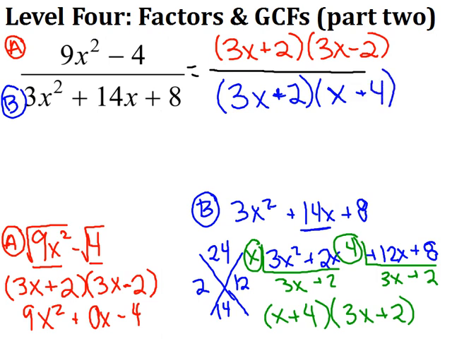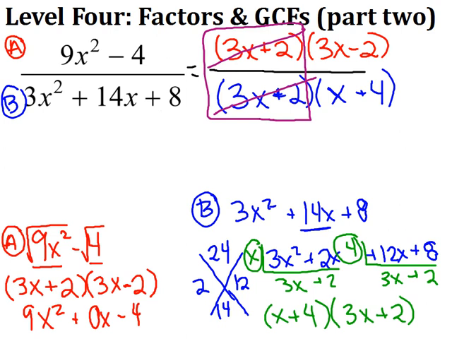And we should automatically start seeing this 3x plus 2 in our numerator and in our denominator are the same factors. So these can cancel out. If I look at what I'm left with, 3x minus 2 and x plus 4, those do not have anything else in common. I cannot reduce those in any way.